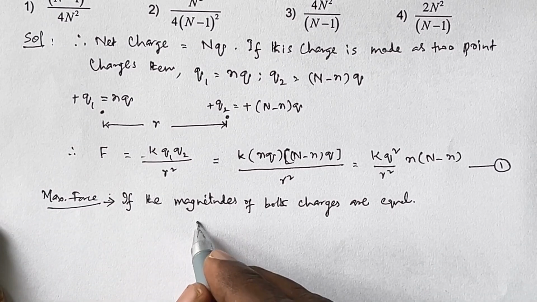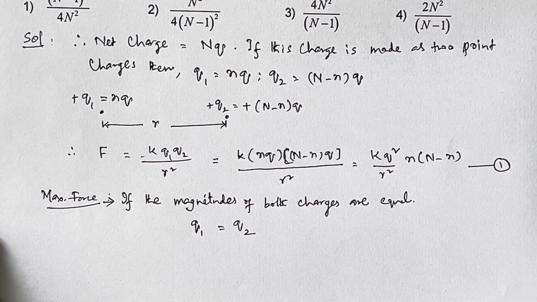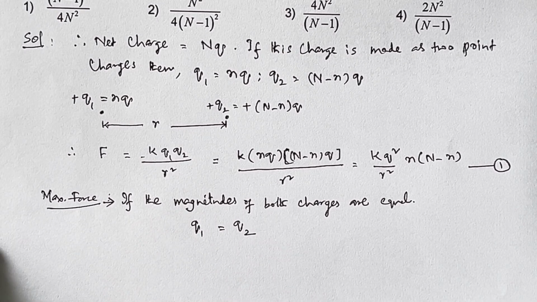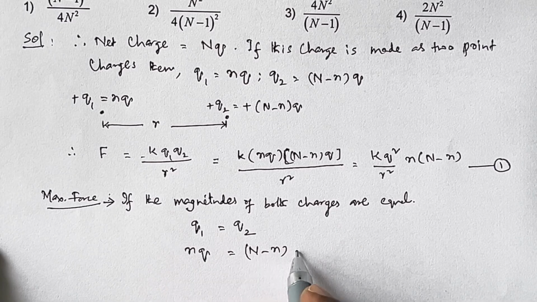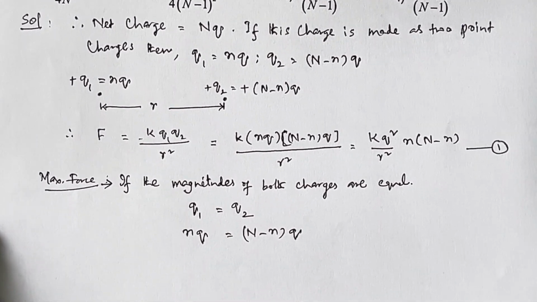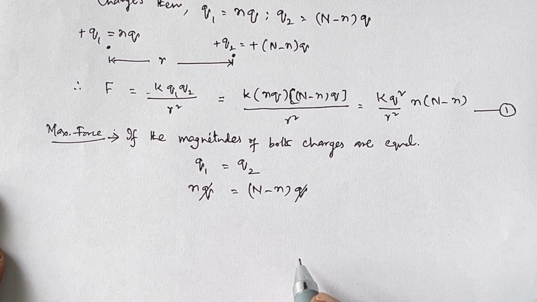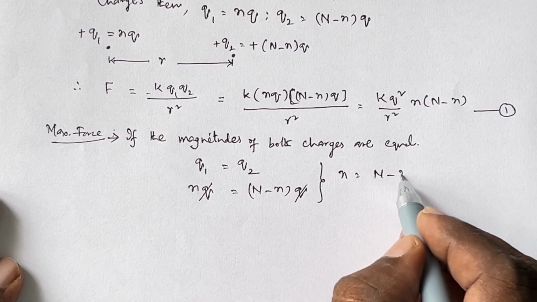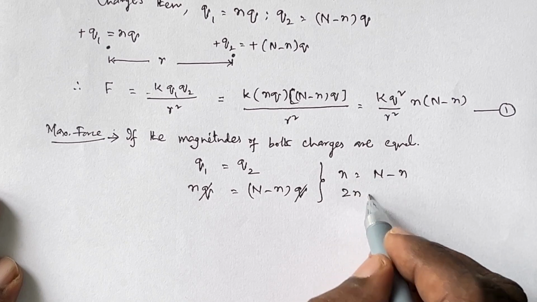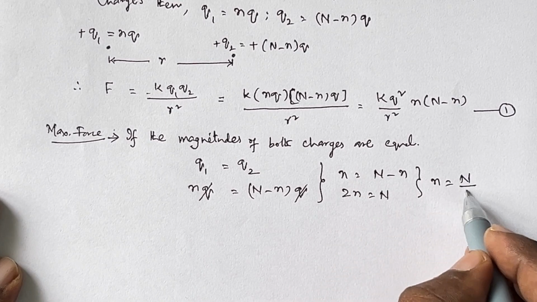That means Q1 must be equal to Q2. Then the force between the charges will be maximum. What is Q1? nQ. What is Q2? N minus n into Q. Right? Now this Q will cancel. So what we got: n is equal to N minus n. This minus n comes to this side. 2n is equal to N. So small n is equal to N by 2.